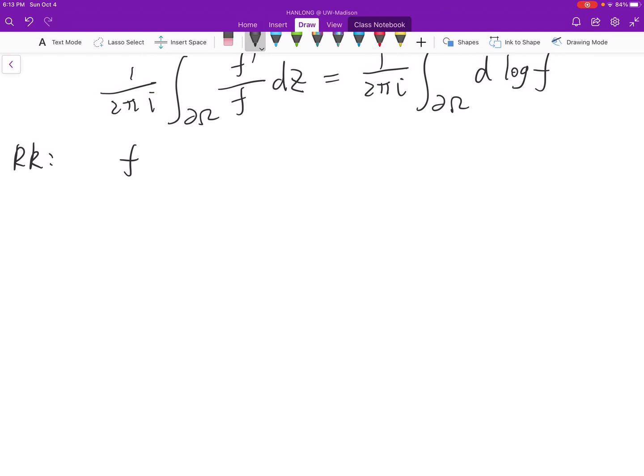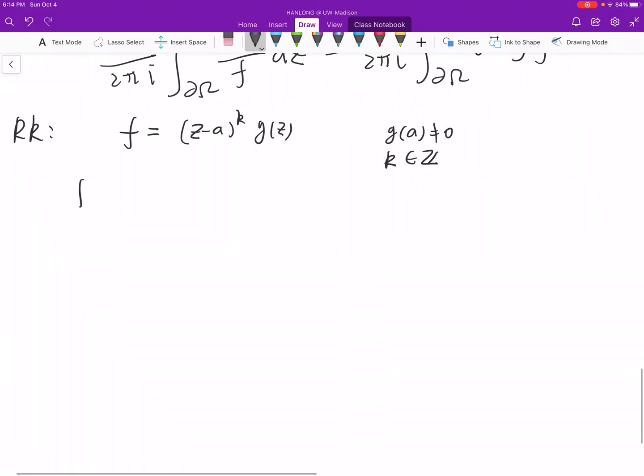So now, for our case, if f is a meromorphic function, then we can write f as z minus a to the k's power times g(z). We also assume g(a) is different from 0, but k is an integer. By similar argument, we can show that the principal part of f prime divided by f is still k over z minus a, but now k might be negative.